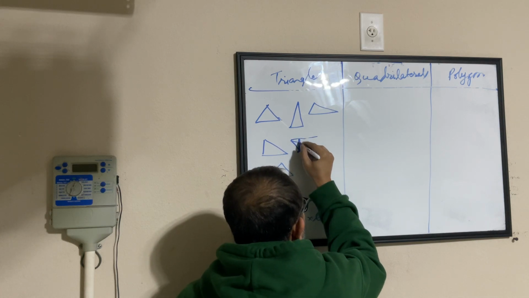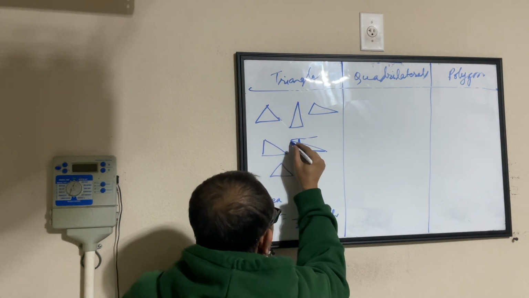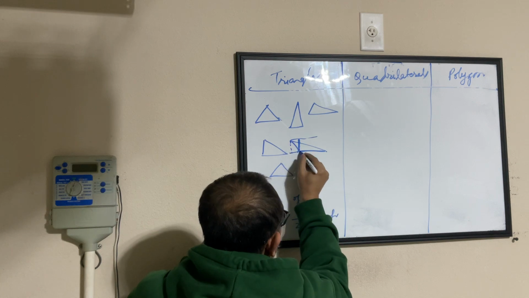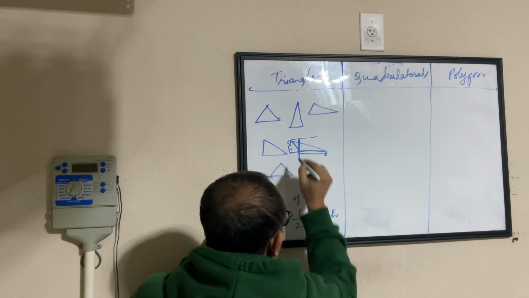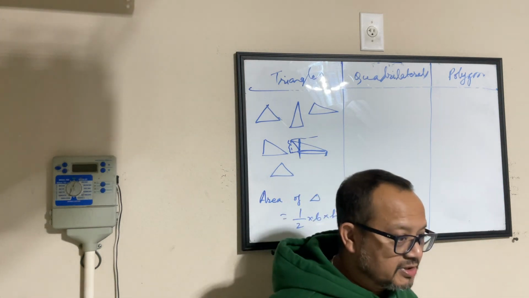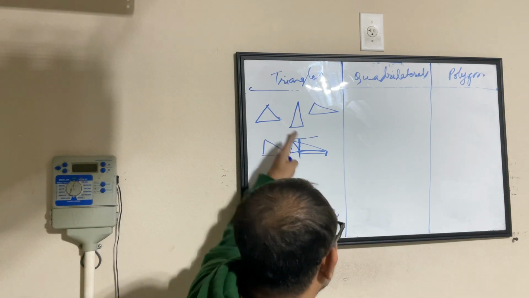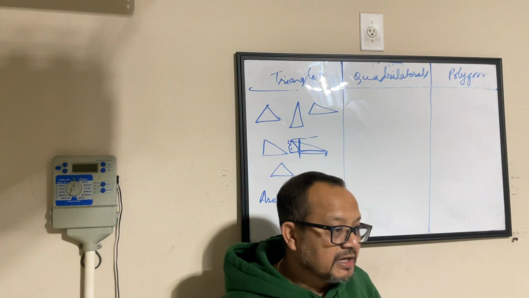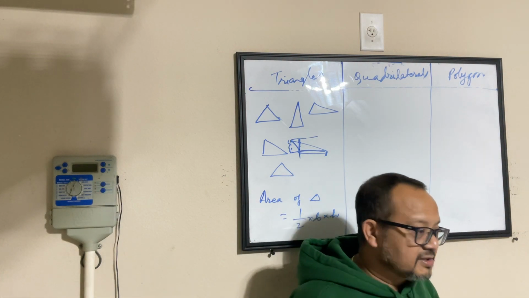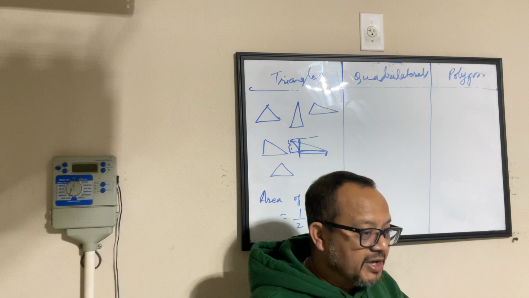As long as you know this height, or drop a perpendicular from here to here, so you take this as a base and multiply that by height, you'll be able to find the area. Whether it's a right angle, acute angle, obtuse angle, isosceles or equilateral triangle, doesn't matter. You need a base and a height.